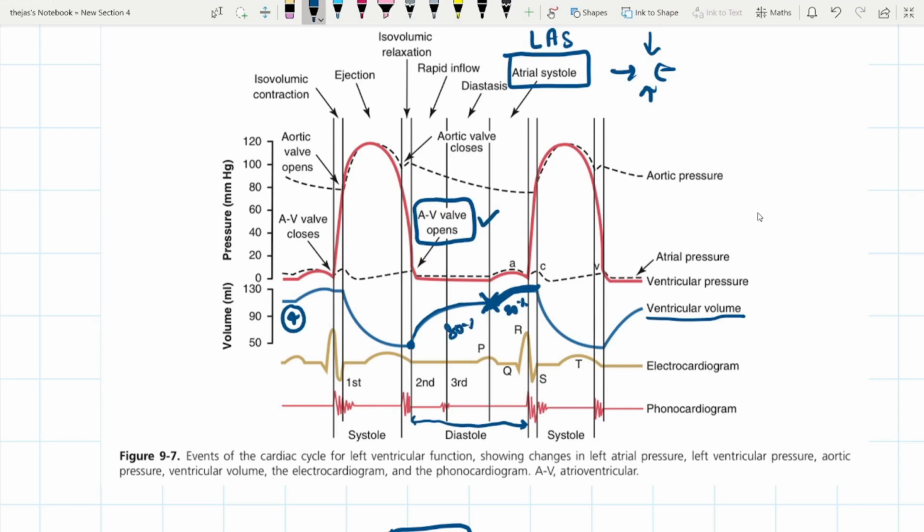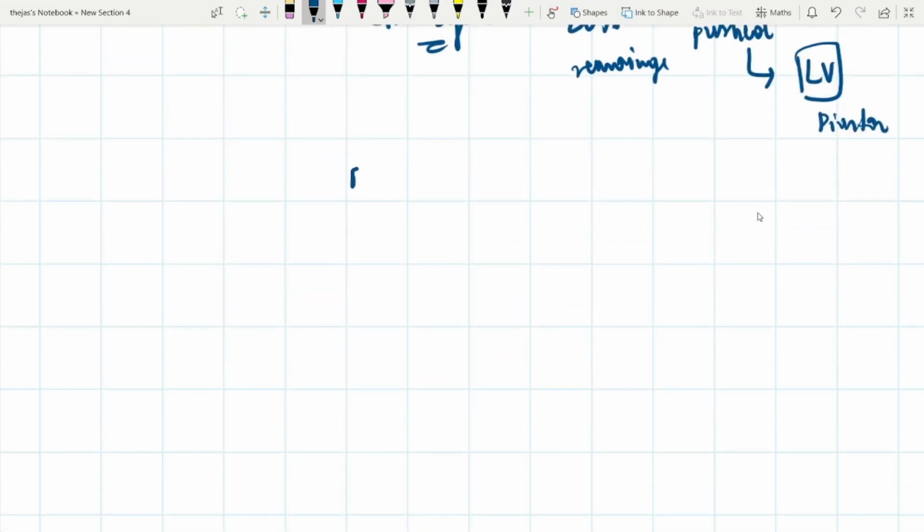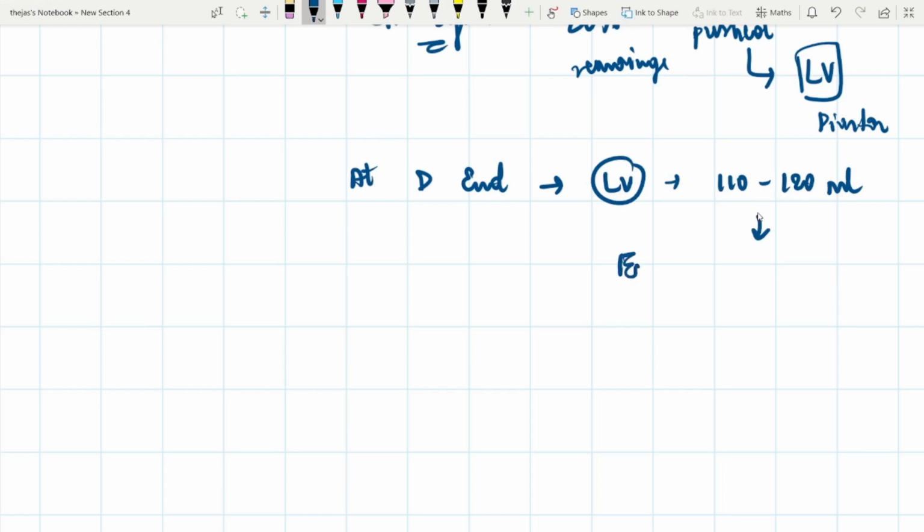This is 80%. So at this stage, at the end of diastole, the volume of the blood in the left ventricular cavity is what? 110 to 120 milliliter. This is called end diastolic volume.